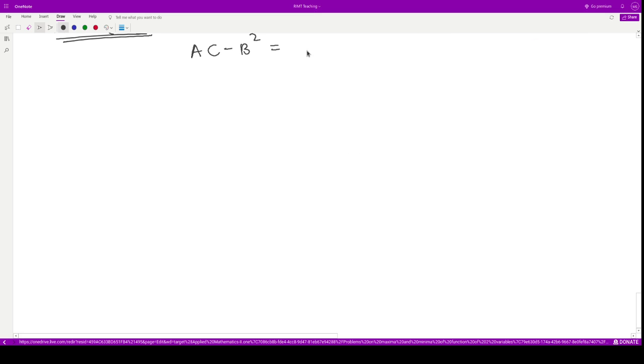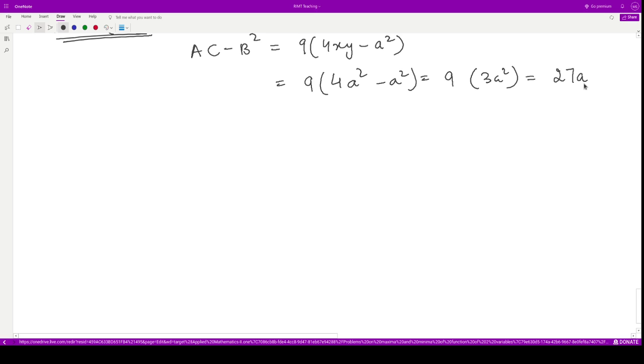So when you substitute x as a, y as a, this comes out to be 9 into 3a square, right? And what is this? 27a square. Now this is obviously a positive quantity. For the positive quantity, we have to check what is the sign of capital A. So what is capital A here?